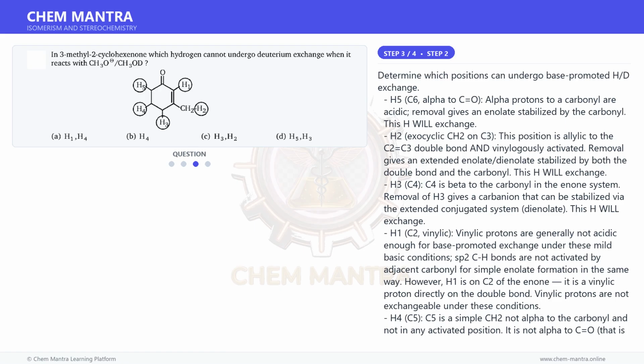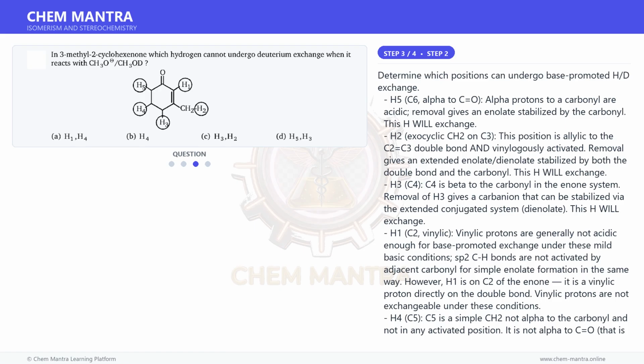H1, on C2: vinylic protons are generally not acidic enough for base-promoted exchange under these mild basic conditions. sp2 C-H bonds are not activated by the adjacent carbonyl for simple enolate formation in the same way. However, H1 is on C2 of the enone, a vinylic proton directly on the double bond. Vinylic protons are not exchangeable under these conditions.